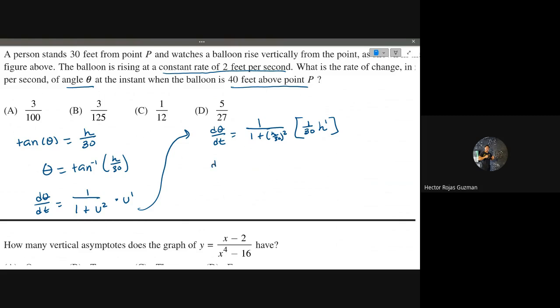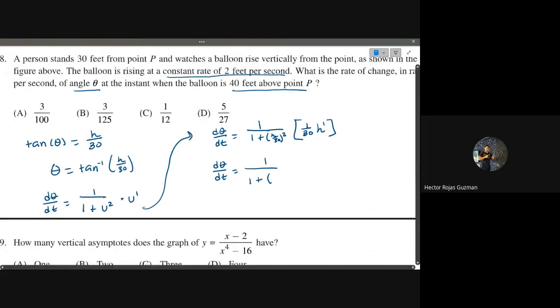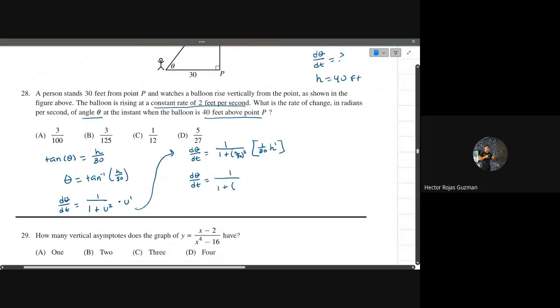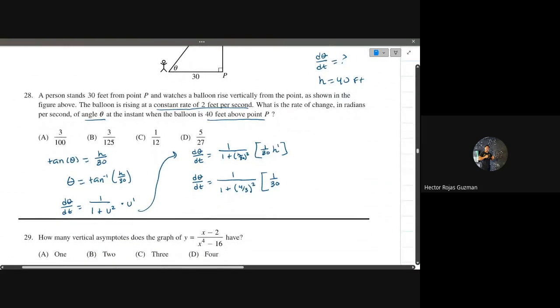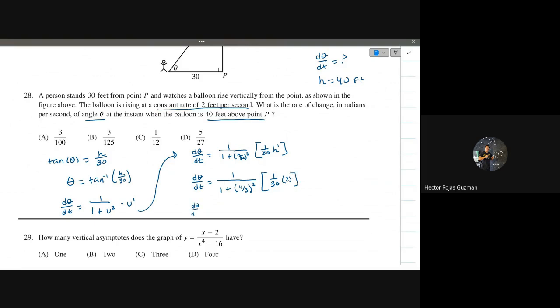Now go ahead and plug in the values that we were given. d theta dt is 1 over 1 plus... we were told that the height is 40, and 40 divided by 30 is 4/3, squared, times 1 over 30 times h prime. h prime was 2. So d theta dt equals 1 over 1 plus 16 over 9 times 1 over 15.